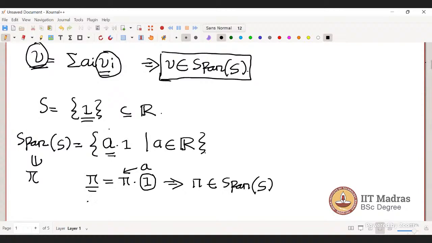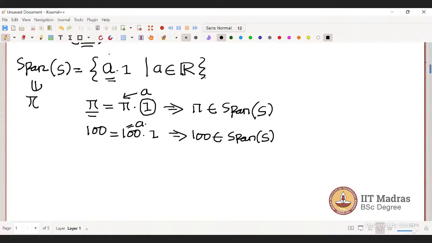Similarly, if you take 100, I can write 100 times 1. So here A is 100. That means 100 is also in span of S. In particular, if you take any real number R, you can write R as R times 1. So R times 1 means you can write R as a linear combination of 1.